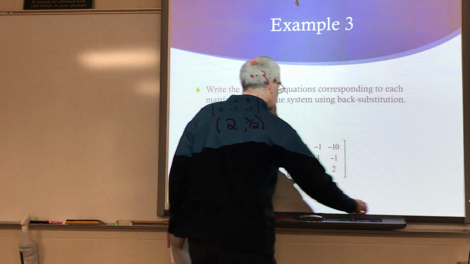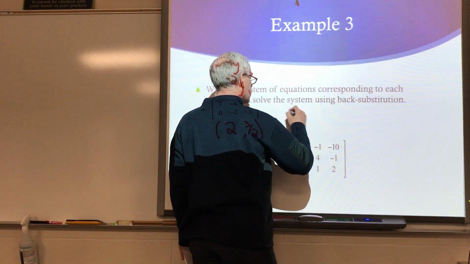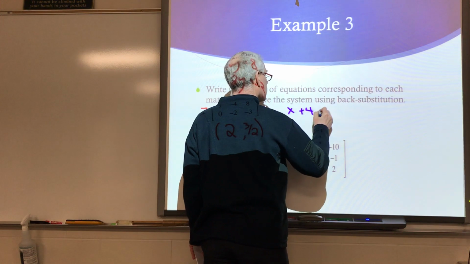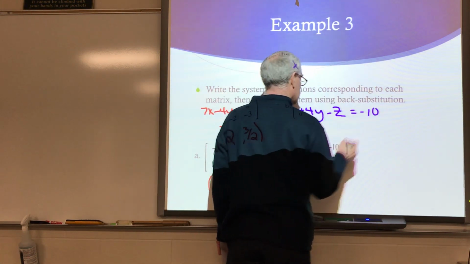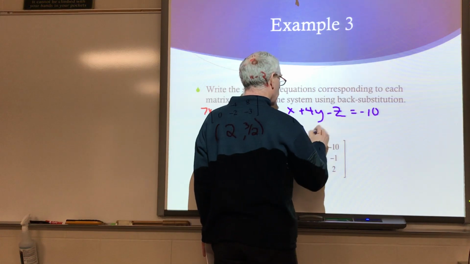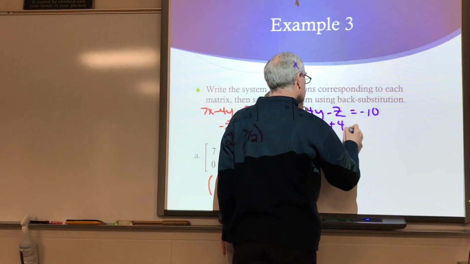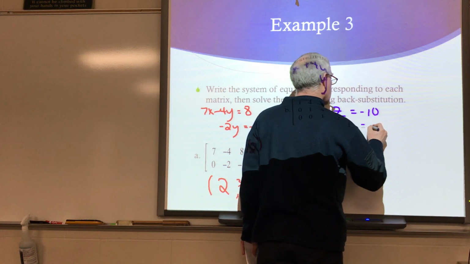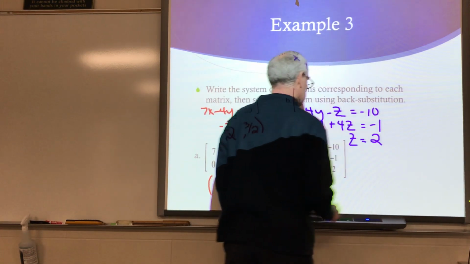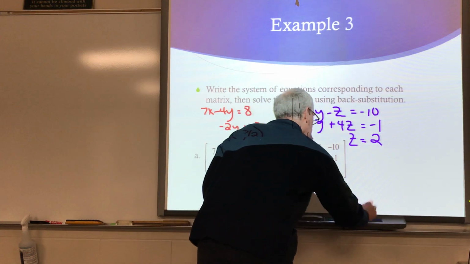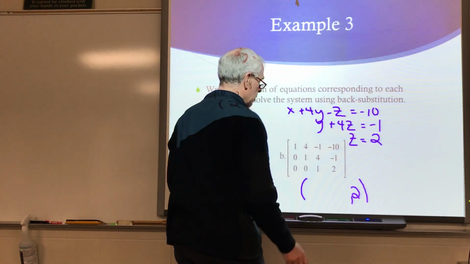Over here, I've got x plus 4y minus z equals negative 10. I've got y plus 4z equals negative 1, and then I have z equals 2, okay? Well, that last one, that's easy, right? Z is 2. Now I'm going to back substitute.